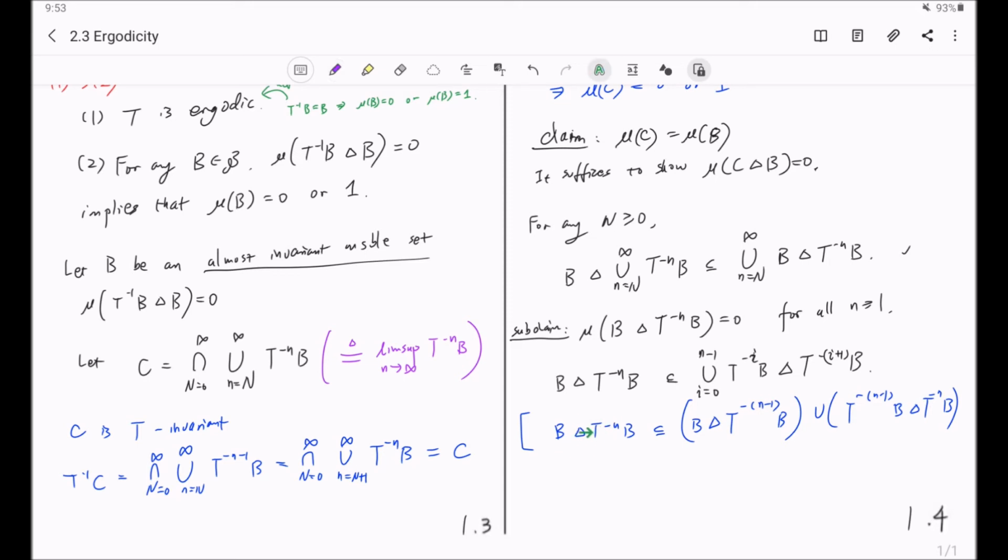So pick the point from here, then it must be in one of B or T negative n B. And you also want to consider whether that point is also in T negative n minus 1 applied to B. So x could be in B but not in T negative n B. In that case, it might be in here or not in here.